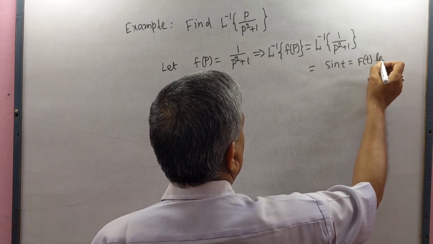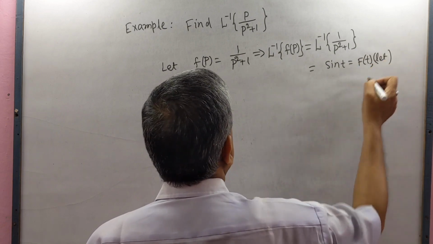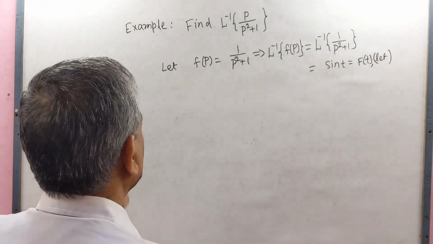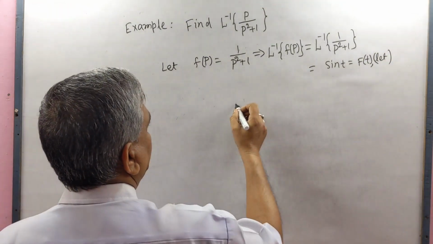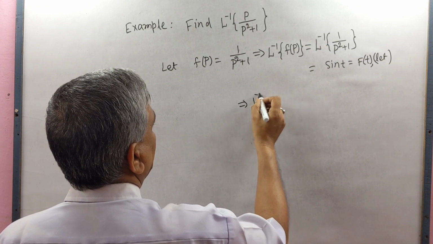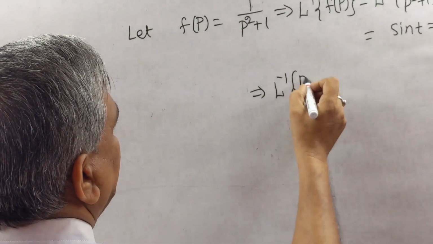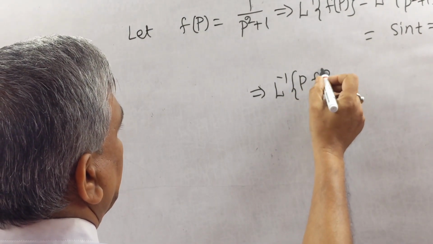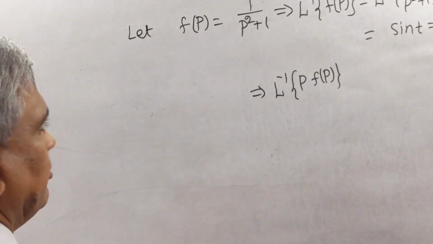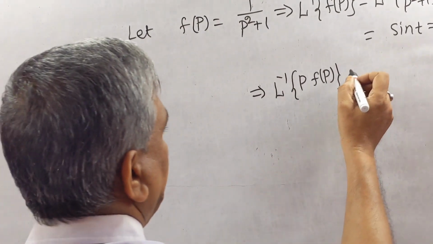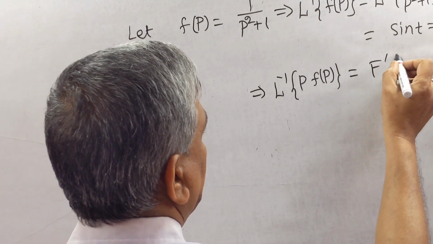Then L inverse of p f(p), multiplication by p, is F dash t.